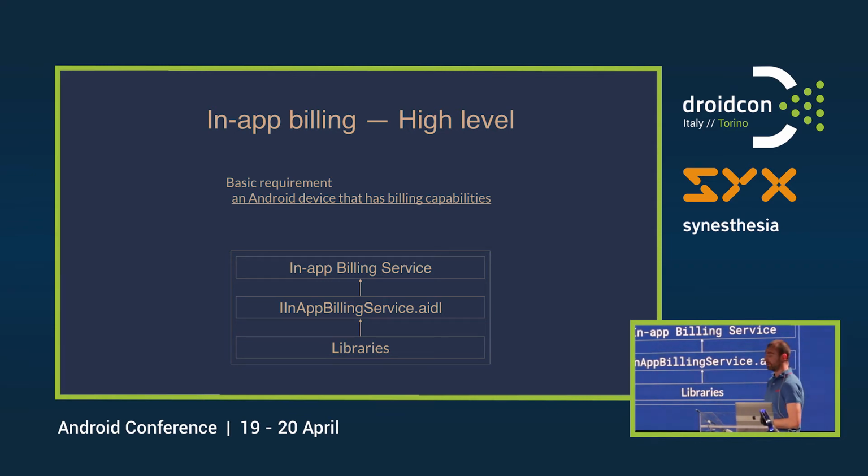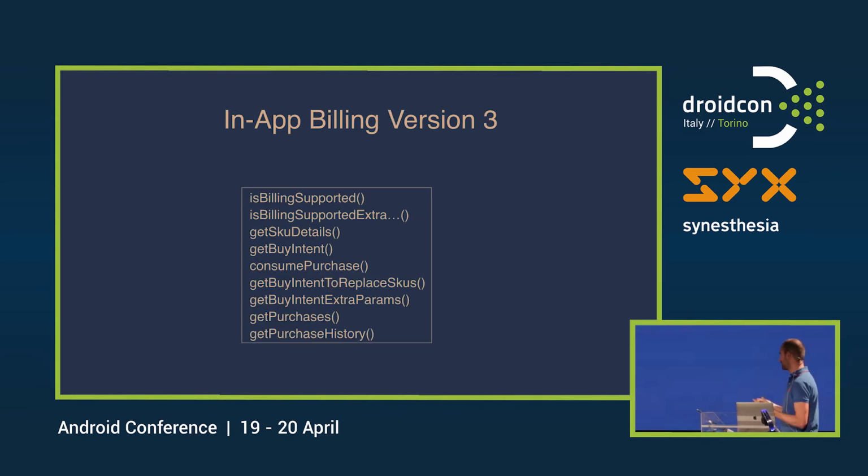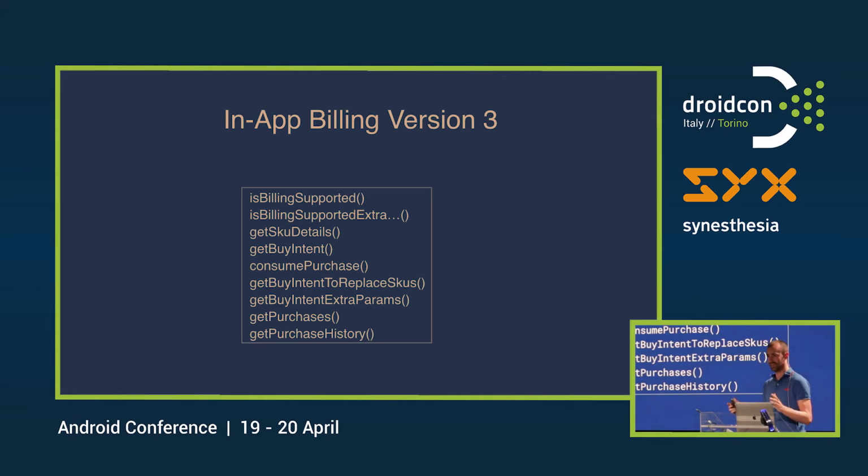And we mentioned before that up until last year, we only had this in-app billing version 3 set of APIs. So let's see in more detail what that is about. Actually, there's nothing to talk about, because what is called in-app billing version 3 is just the AIDL file. That's it. We were given this set of methods that allow us to bind to this service and say, OK, go and implement everything on your own.